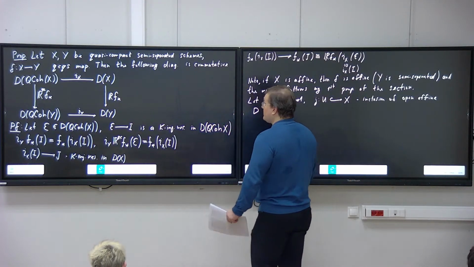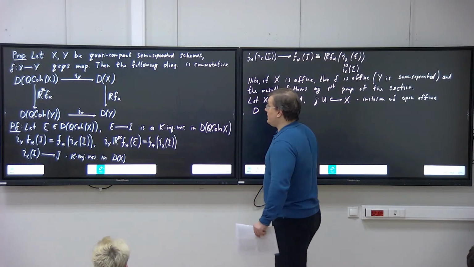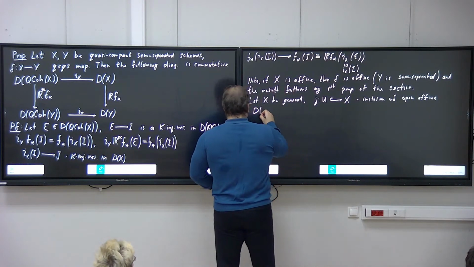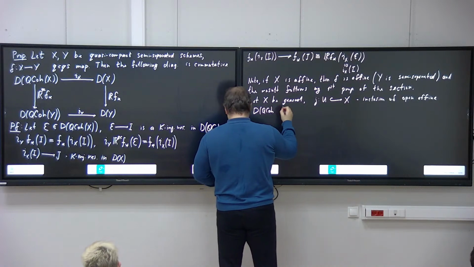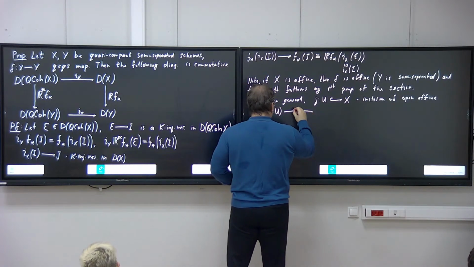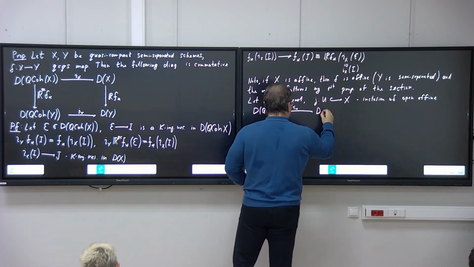One diagram will be for the map J, and then there will be a copy of this diagram for the map F. D Q co of X, I sub U to the D of U.